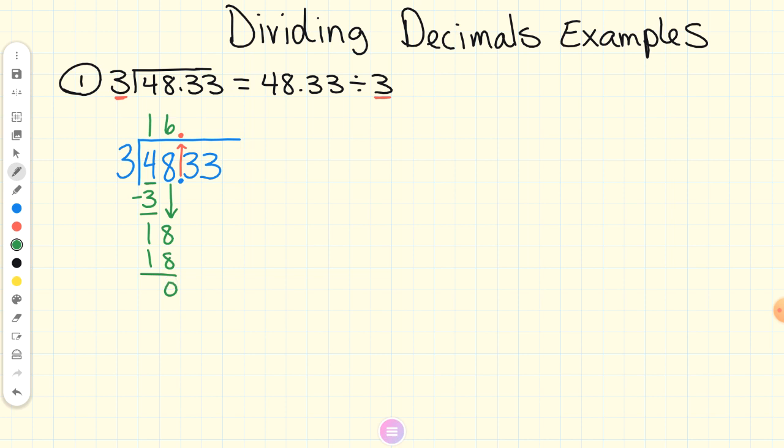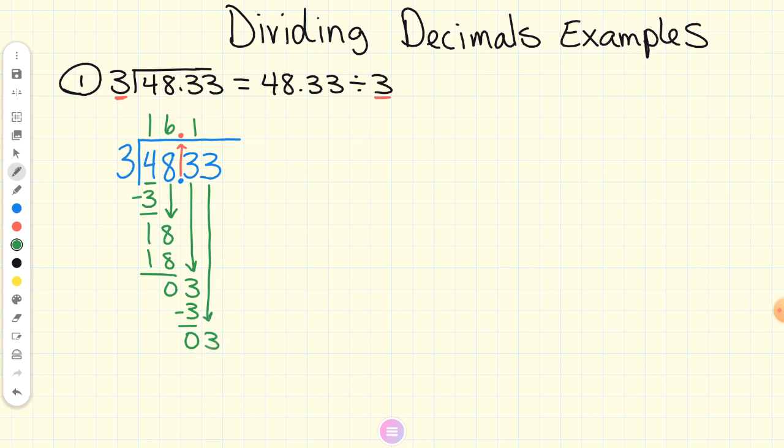Cam, am I done? Why not? Because we have to drop the 3. 3 goes into 3. How many times, Ty? Once. Put a 1 at the top. 0. Drop another 3.